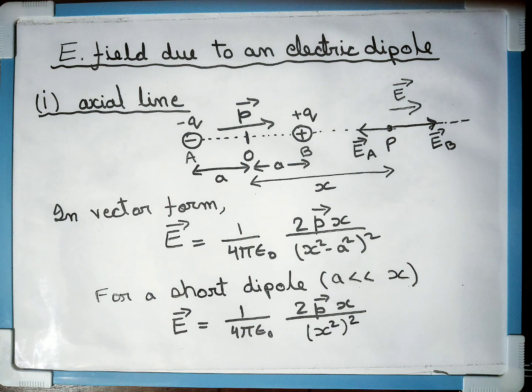Neglecting this a, we'll get simply (x square) whole square, and opening the bracket, you'll get x to the power 4. Then we cancel the one x in the numerator and one x in the denominator. You'll get x to the power 3 in the denominator. So for a short dipole, the electric field intensity is equal to 1 by 4 pi epsilon naught 2 P vector divided by x cube.